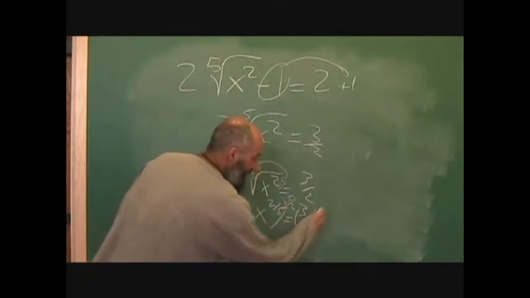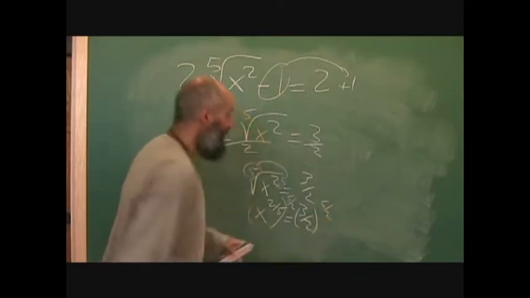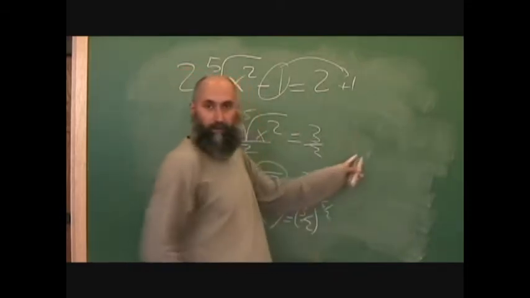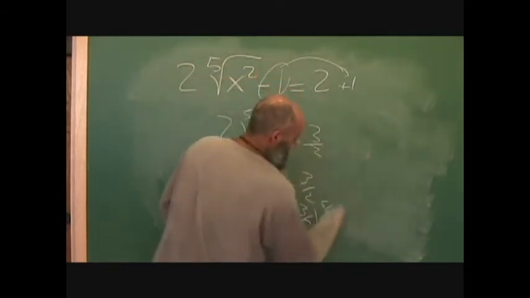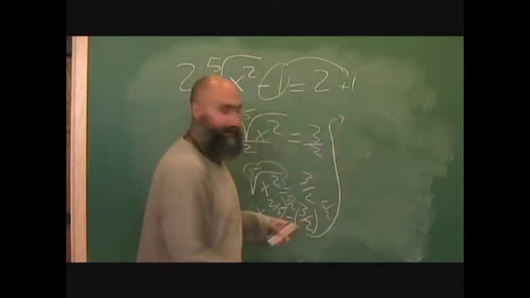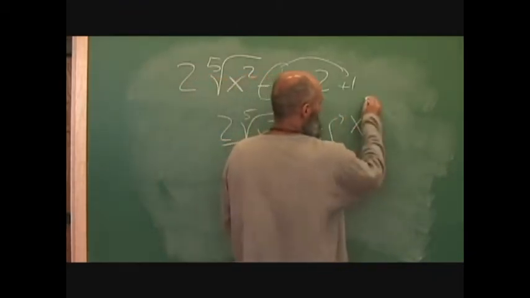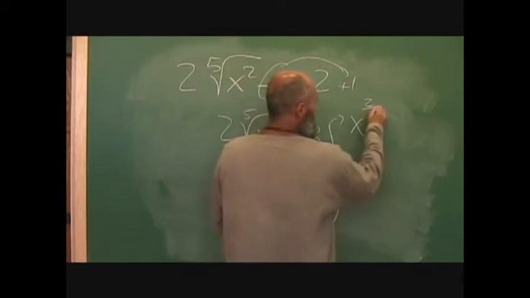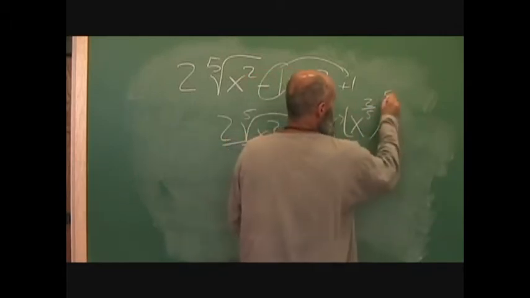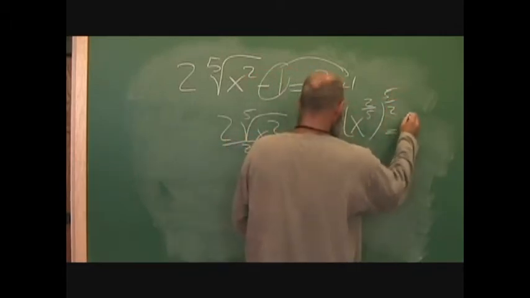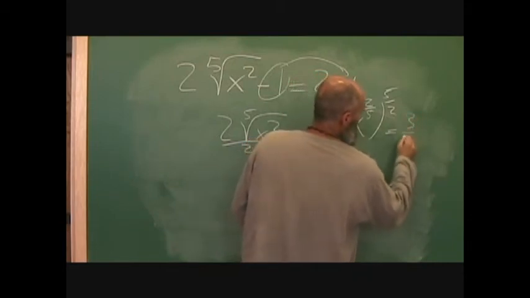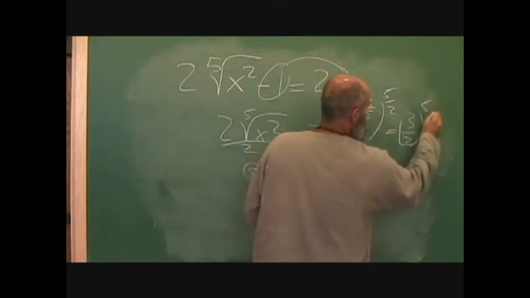So you've got to take this side to the power of 5 over 2. So we have room here, so these guys come up here. I'm just going to rewrite this so it looks cleaner. So this is going to be x to 2 over 5 to the power of 5 over 2 is equal to 3 over 2 to the power of 5 over 2.